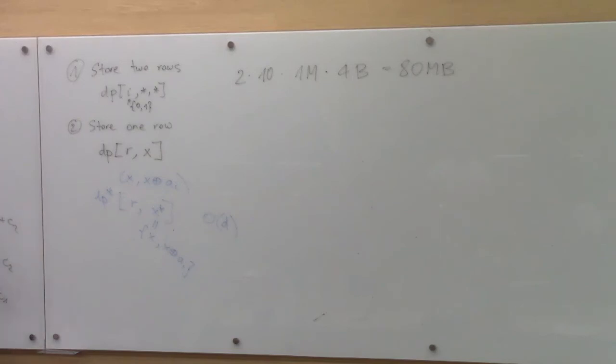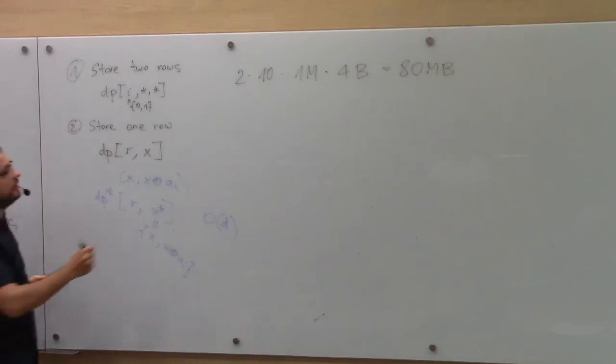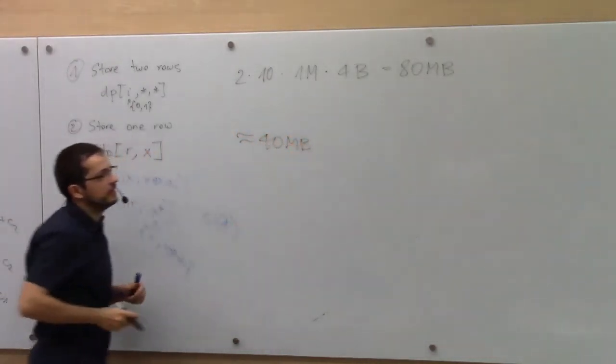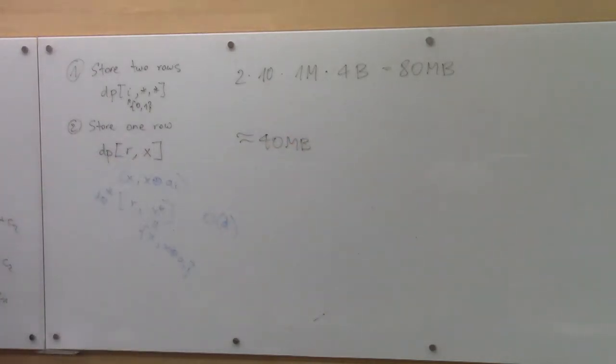It's a little bit too much if we have only 64 megabytes. But we had this one special trick that we can reduce it to one row of memory plus some constant memory for the smaller array. So here we would have like 40 megabytes when we apply this trick of storing one row.